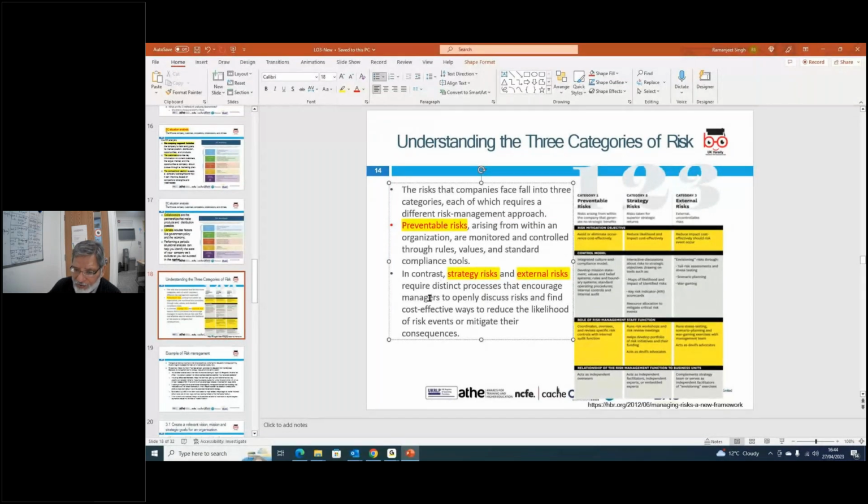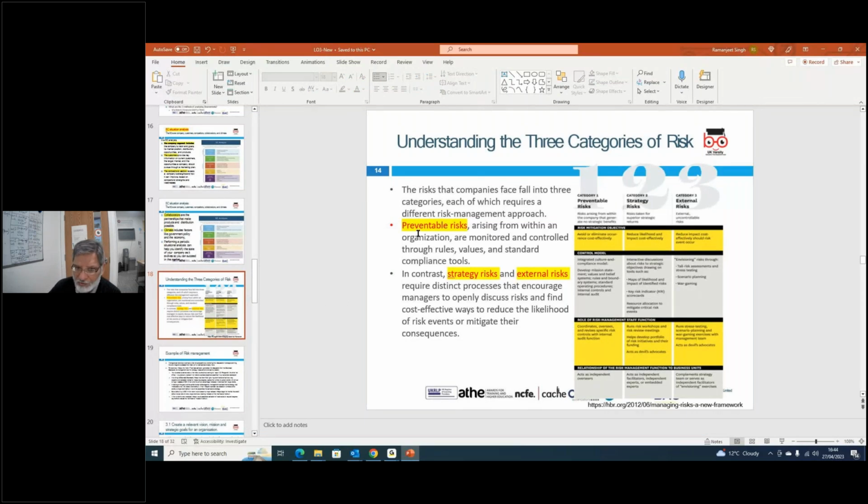What type of processes, risks, dangers, and costs are involved in the strategic risk and external risks? The strategic risk is a long-term risk, i.e., what type of problems you're going to get if you change your strategy, your behavior, and your longer-term vision and mission.